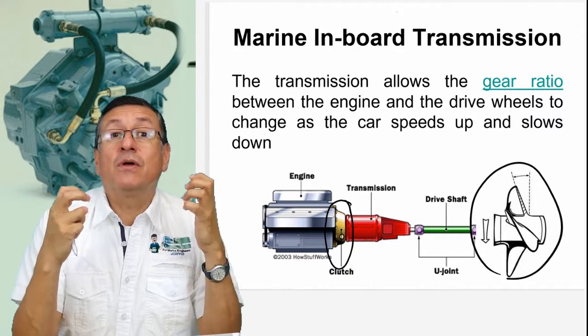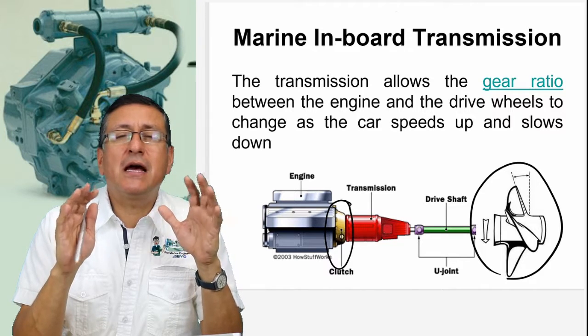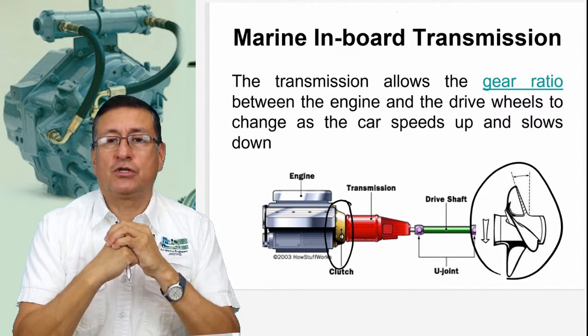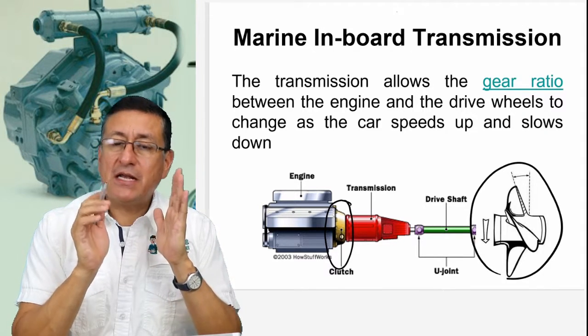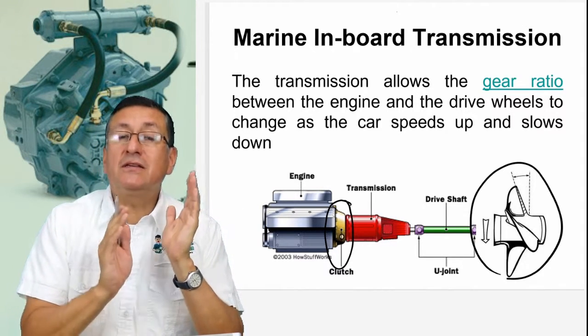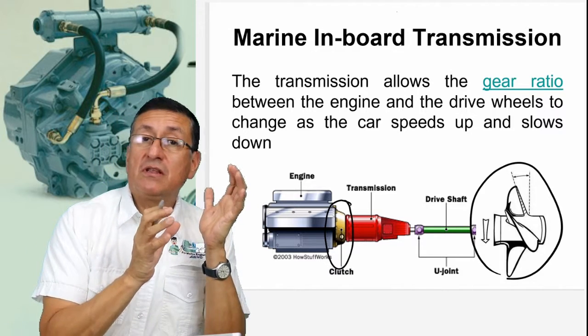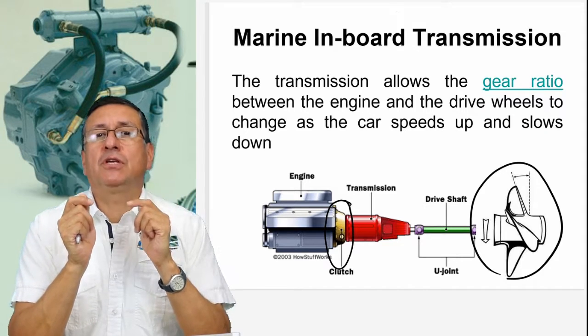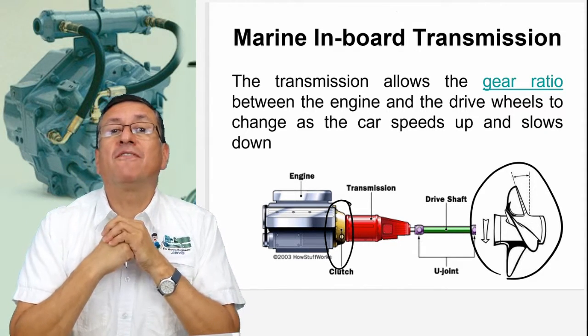In order to understand the function of the flex plate, it is a vibration absorber, but it's not a clutch. Alright, but in both scenarios we have the bell housing. Inside of the bell housing, in automotive application, we have the clutch. Inside of the bell housing in marine application, we have the flex plate.